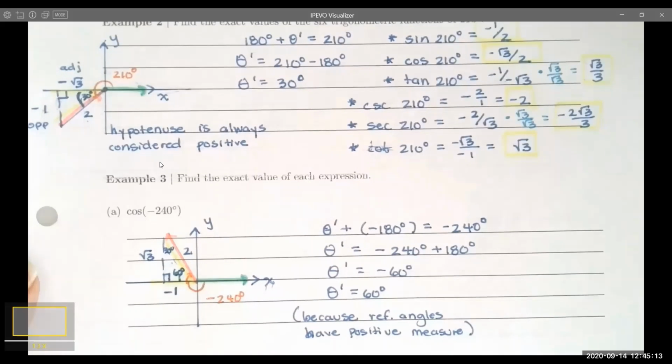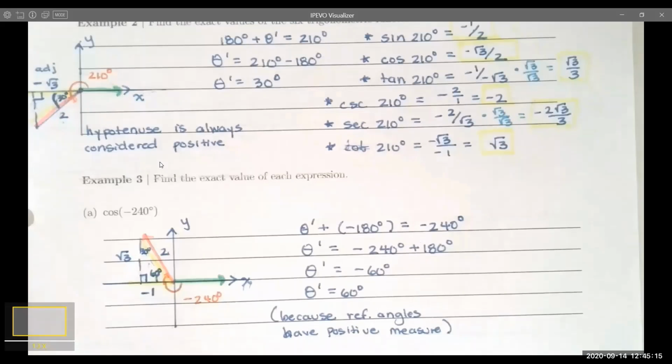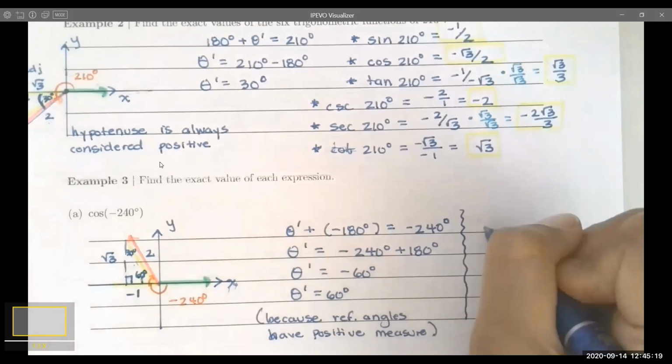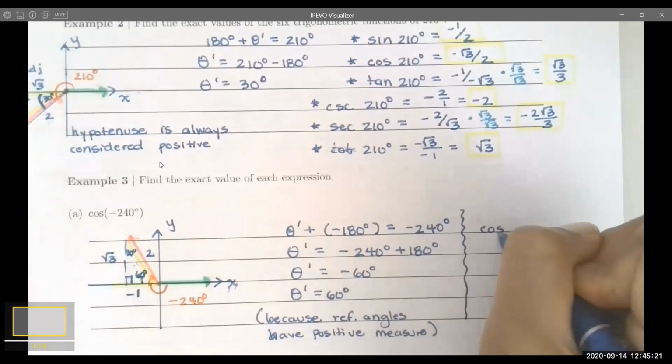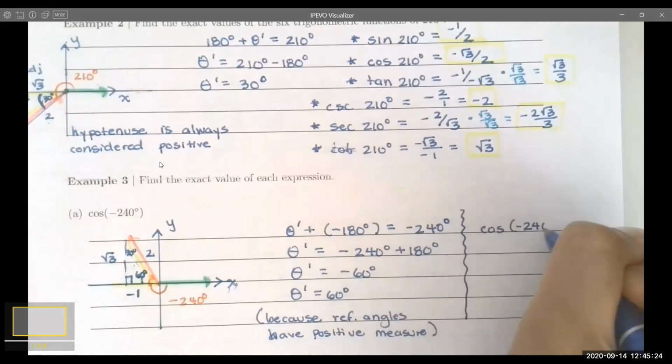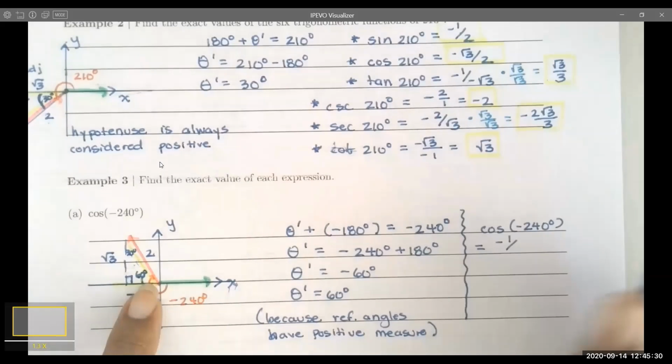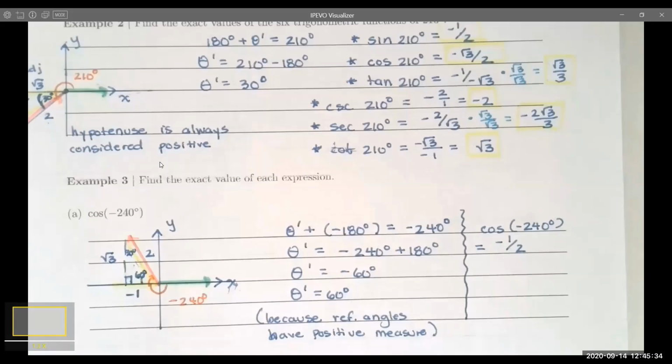And so now if we want to find cosine of -240 degrees, that is going to be the adjacent side, which is -1, over the hypotenuse, which is 2. So we're going to have a -1/2 as a final answer.